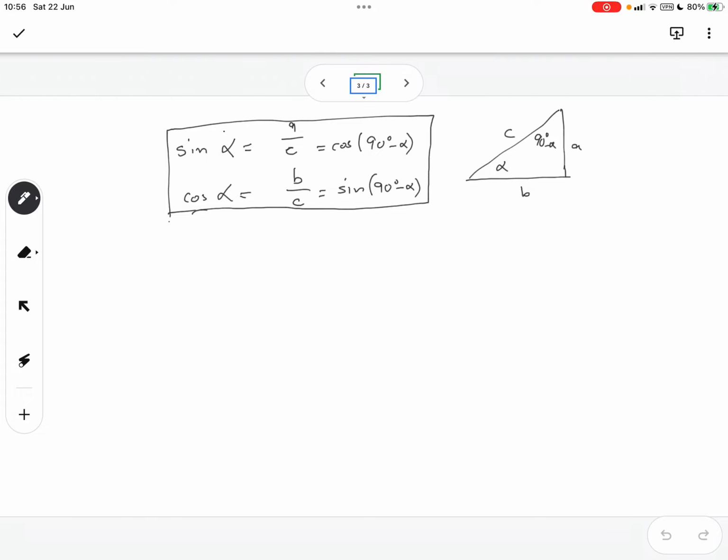Now, moving along with the cofunction, there are certain things we need to take note of that have to do with the quadrants. Remember: cosine, all trig ratios, sine, and tan. Now, which quadrant is which one positive? So that's quadrant 1, 2, 3, and 4.